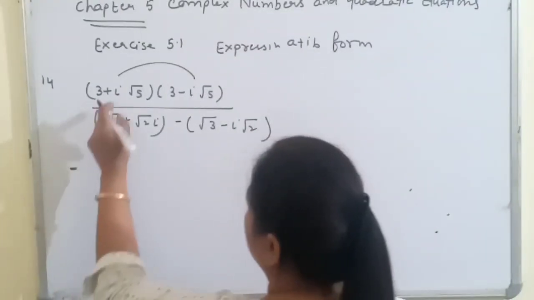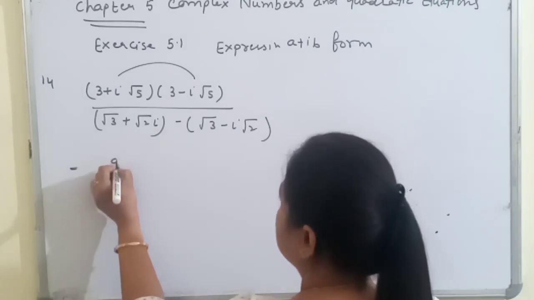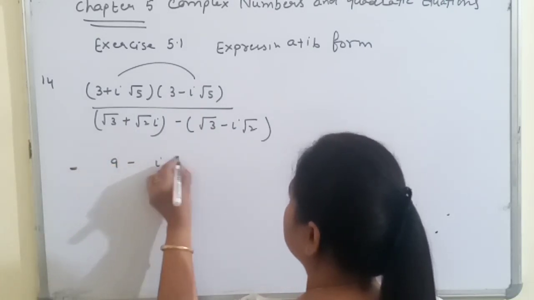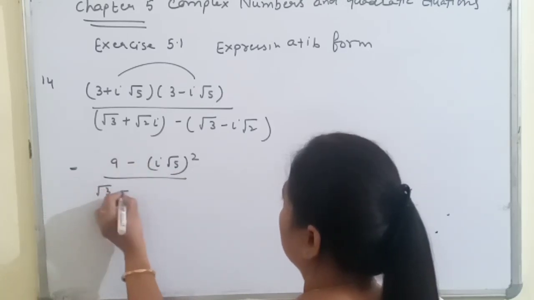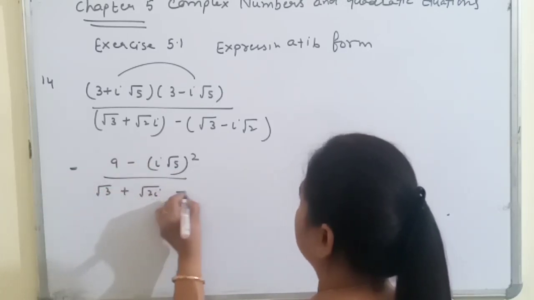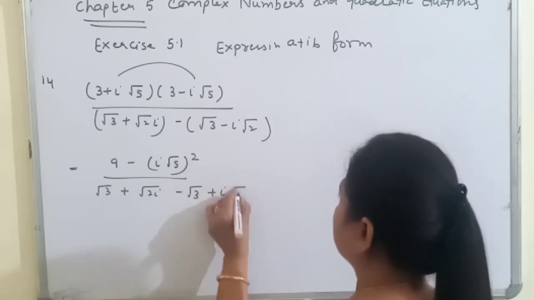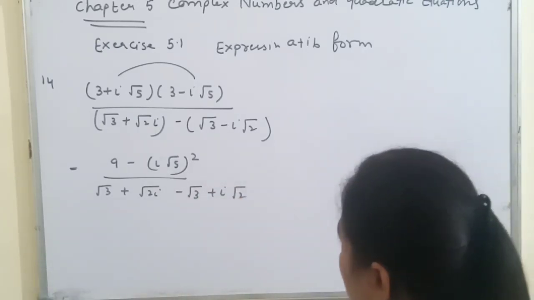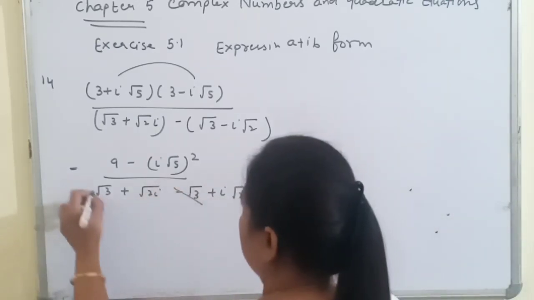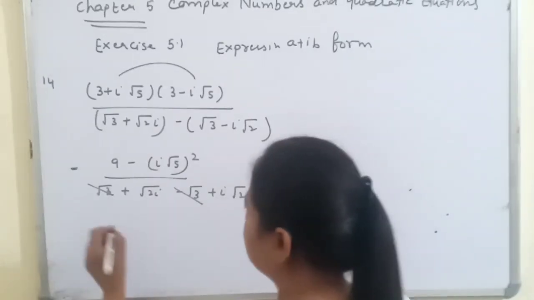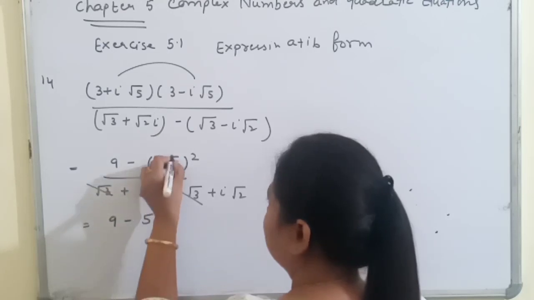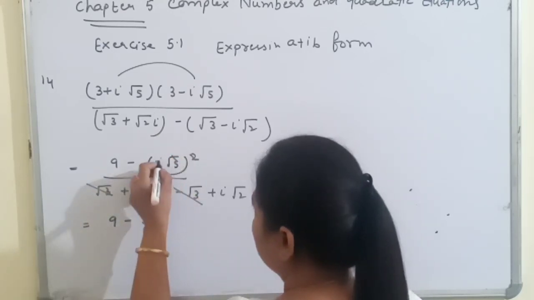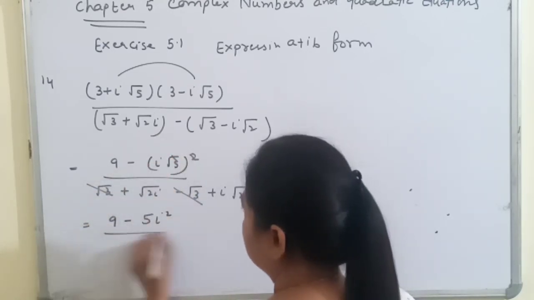We can write it as a square minus b square, and at the denominator under root 3 plus under root 2 iota minus root 3 plus iota root 2. So we can cancel this minus root 3 by this plus root 3.